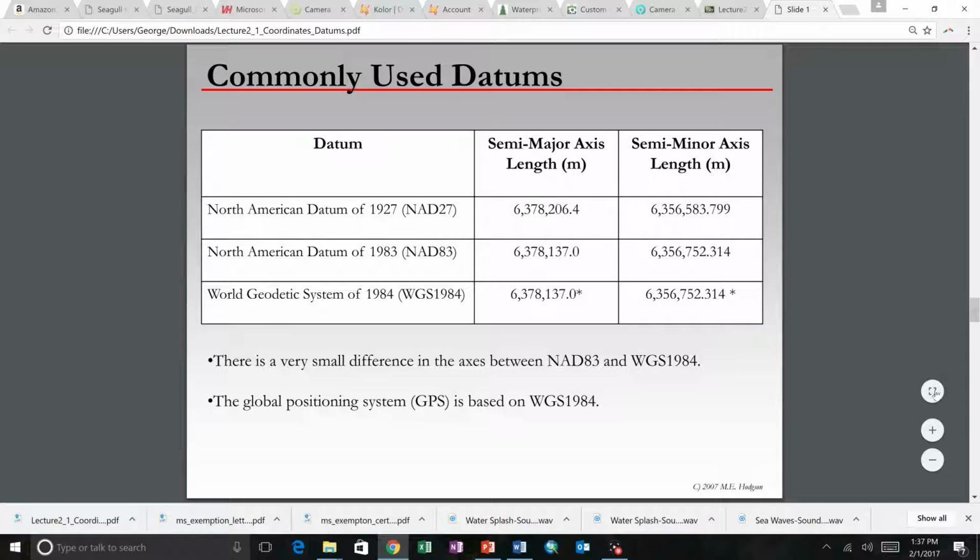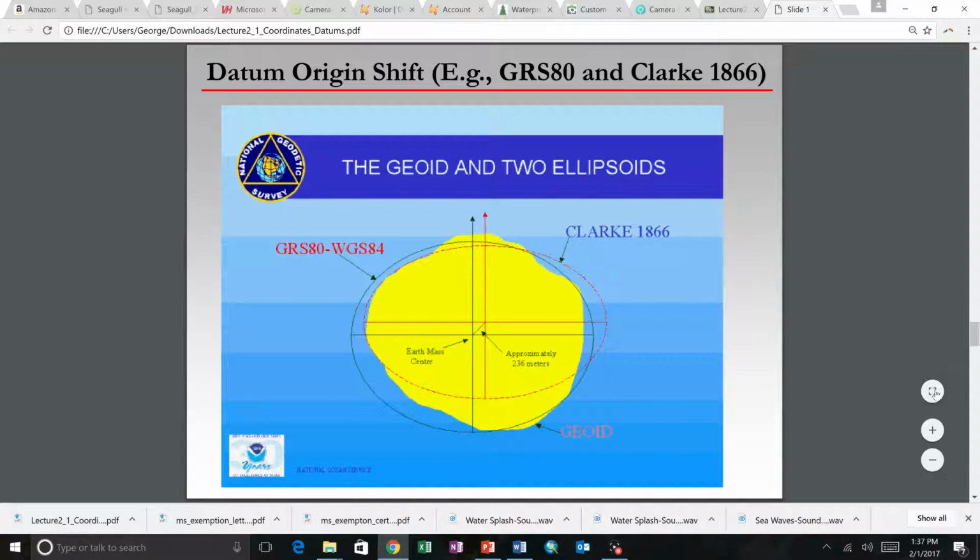WGS84 and NAD83 are almost identical to each other. There's a very small difference between these two datums. And as I mentioned before, GPS systems by default are using WGS84. In fact, that's what they're actually using. If they're reporting something else, it's because you've told it to, and it's doing the math to change that.